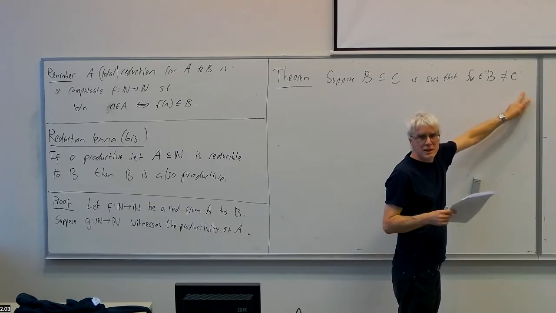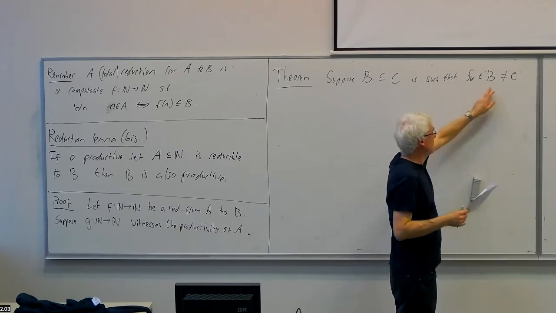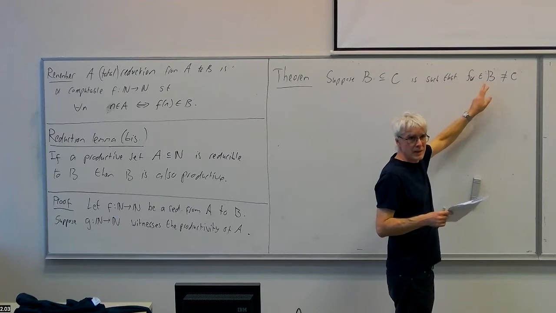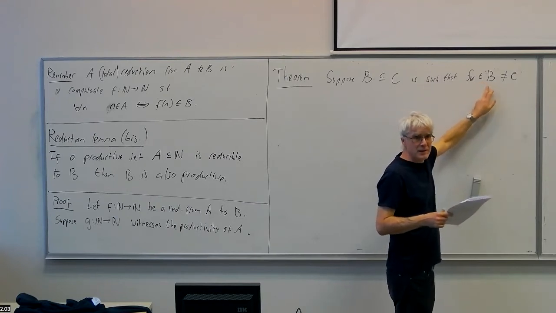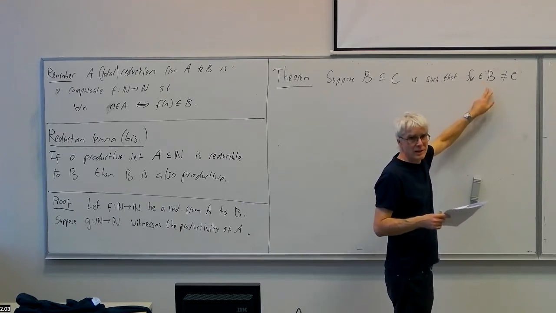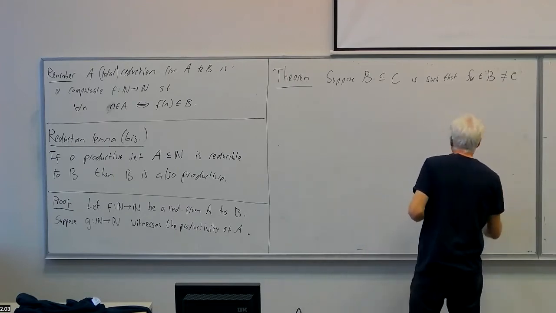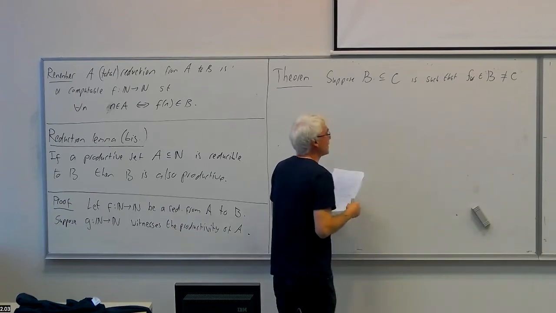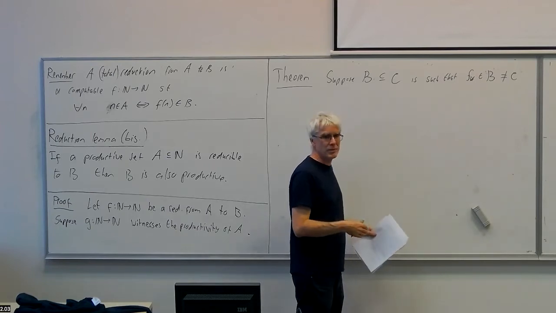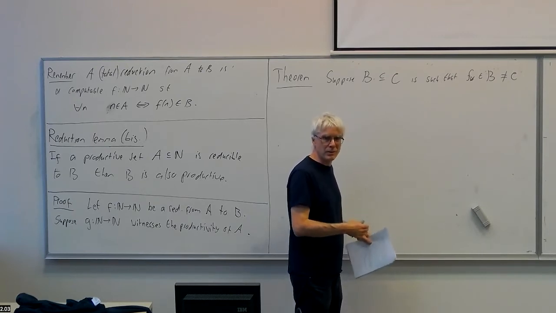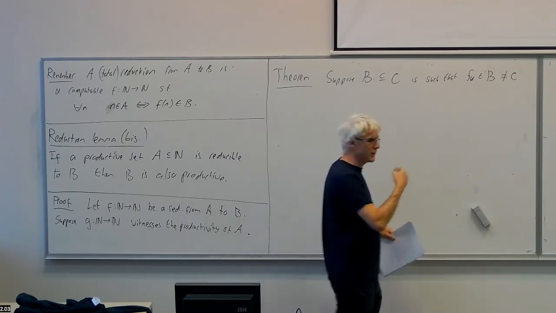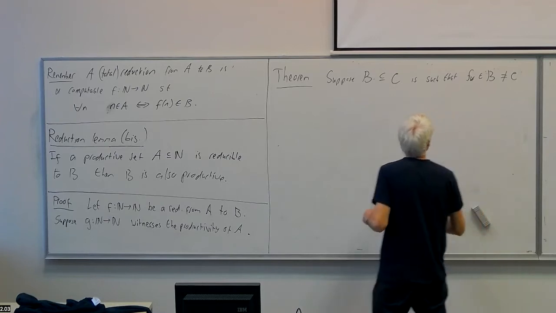So by Rice's theorem, we know that B is not decidable, that is, the set of indices for B is not computable. What we're going to get today is that it's not just not computable, it's also not computably enumerable, and not even just not computably enumerable, it's not computably enumerable in the strong sense that it's productive. We have this witness of it not being computably enumerable.